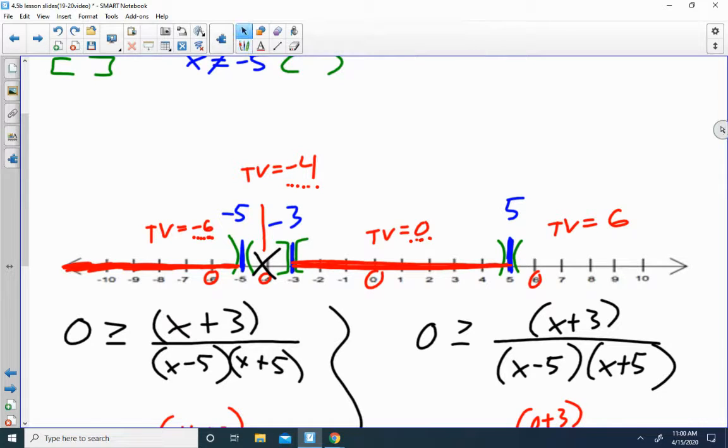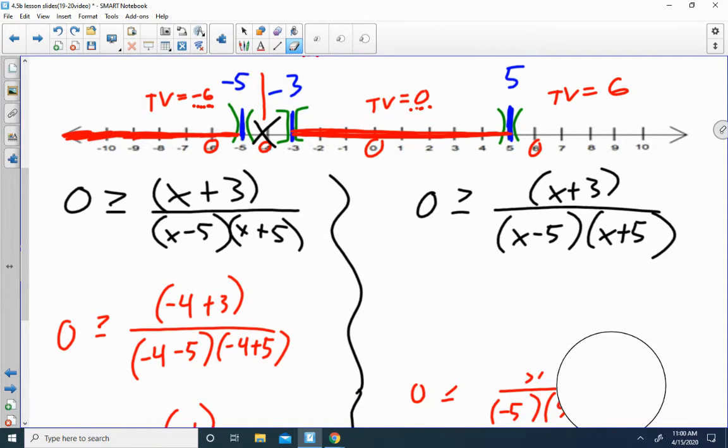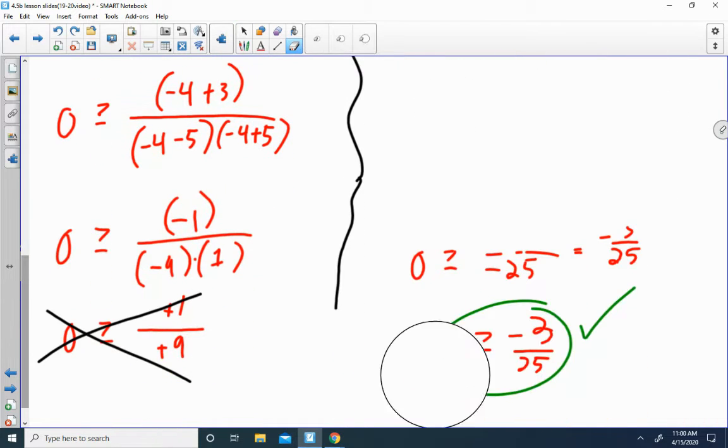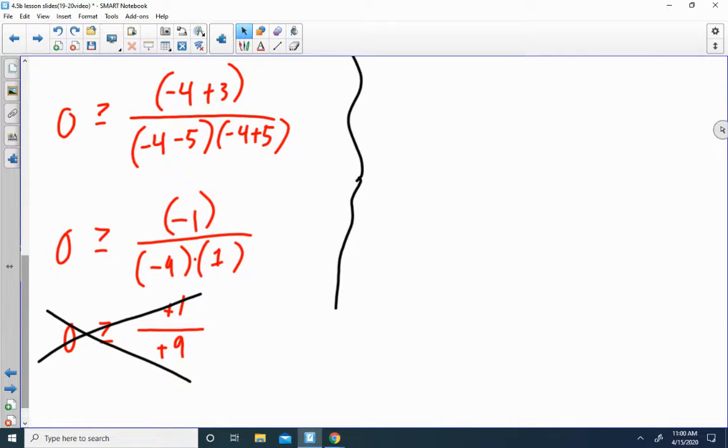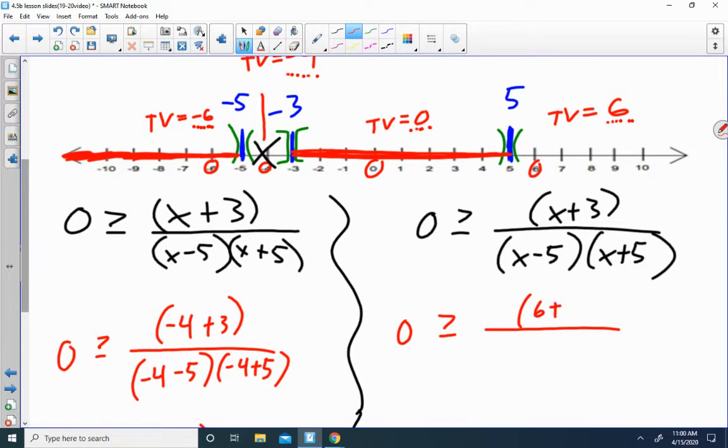All right, one more interval left to try, and then we'll have our answer. Let me erase the rest of the work. All right, let's do it. Last test value to plug in is 6, and see what happens. So 0 greater than or equal to (6 plus 3) all over (6 minus 5)(6 plus 5).